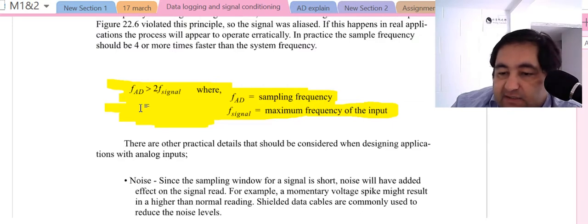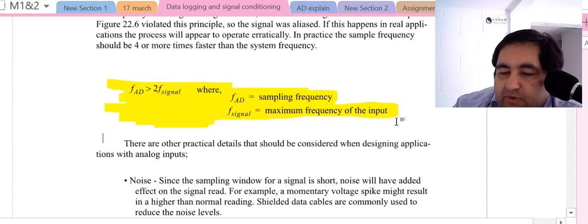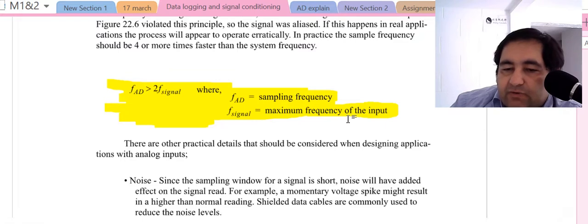If we go less than that, the frequency that we get is wrong. So the frequency of A to D is the sampling frequency, and the frequency of the signal is the maximum frequency of the input. You may have multiple frequencies, but you need to go for the maximum, and make sure your sampling frequency is at least more than twice that.